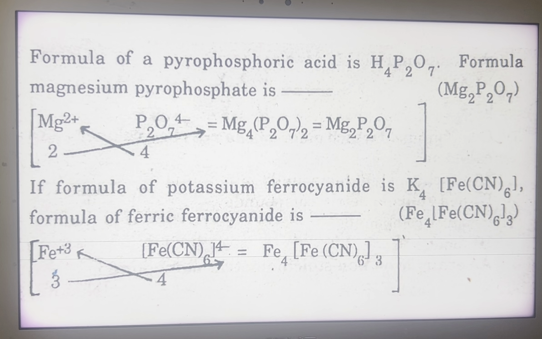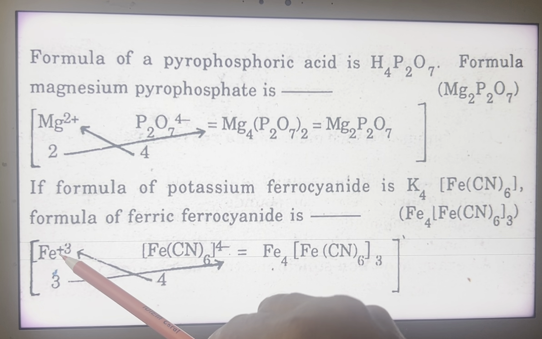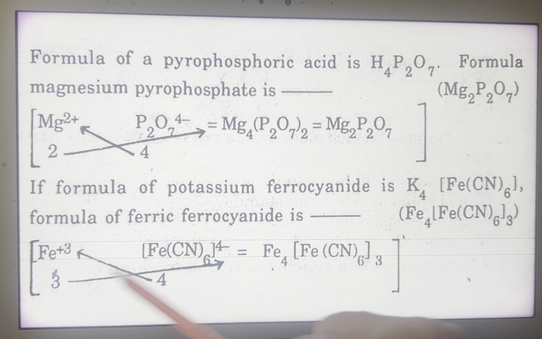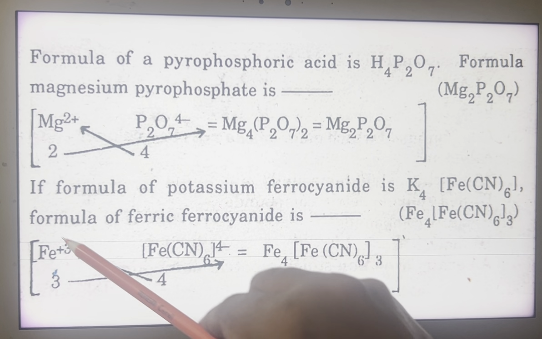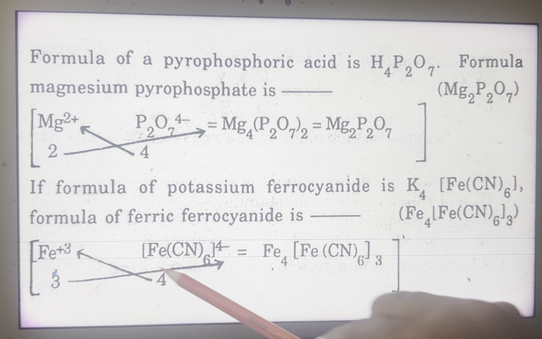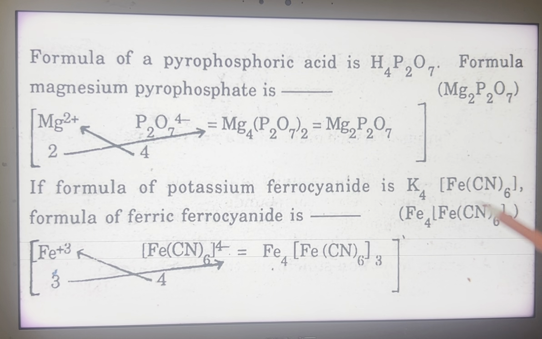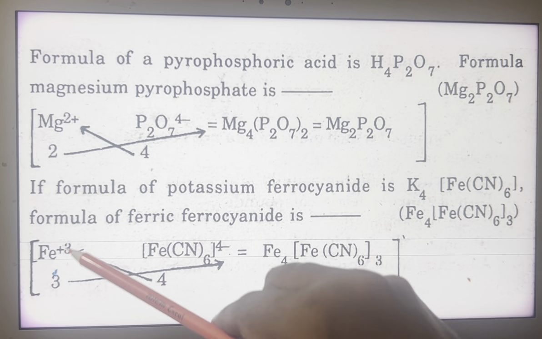Iron has 2 oxidation states, Fe2 plus and Fe3 plus. Ferric is Fe3, ferrous is Fe2. He asked ferric ferrocyanide, so ferric is Fe3 plus. Ferrocyanide ion is 4 minus. From this formula I got this: the valence is 4, this valence is 3.